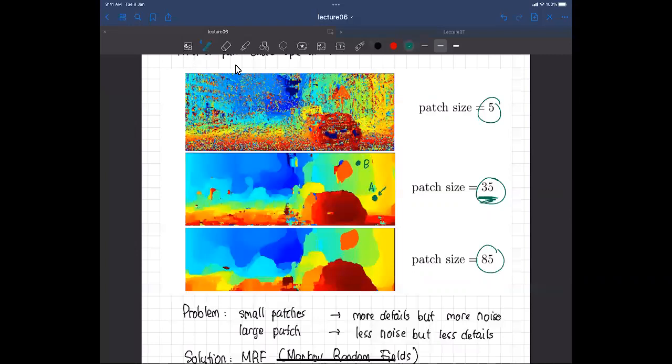The depths from one pixel to other pixels have to be considered, have to be dependent on each other. And this type of optimization is called what? It's called global optimization. Global optimization is more effective than local optimization, but it's more complex, more difficult mathematically.